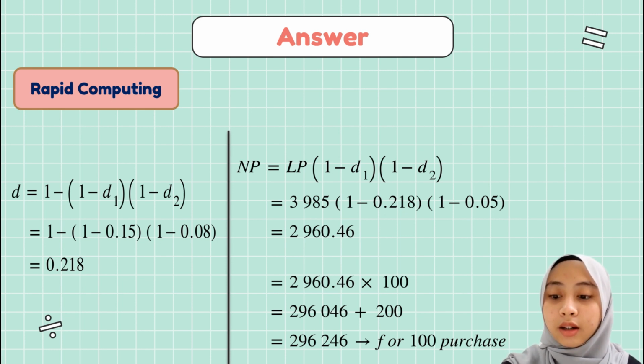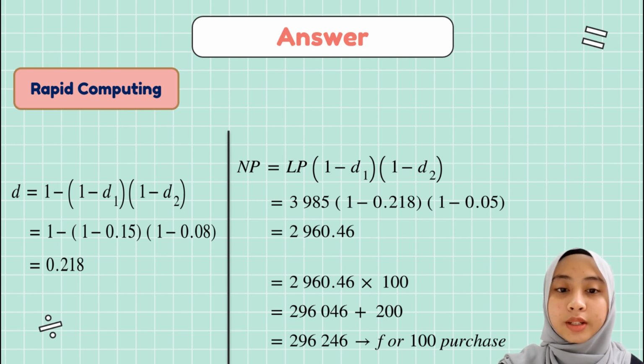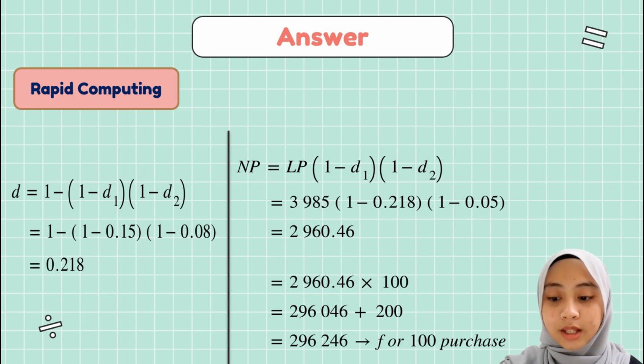After that, I got 2,960.46. And we have to multiply it by 100, because the hardware crew purchased 100 laptops, and we got 296,046 plus 200, because 200 is the transportation cost, and we got 296,246. The amount is for 100 purchases.